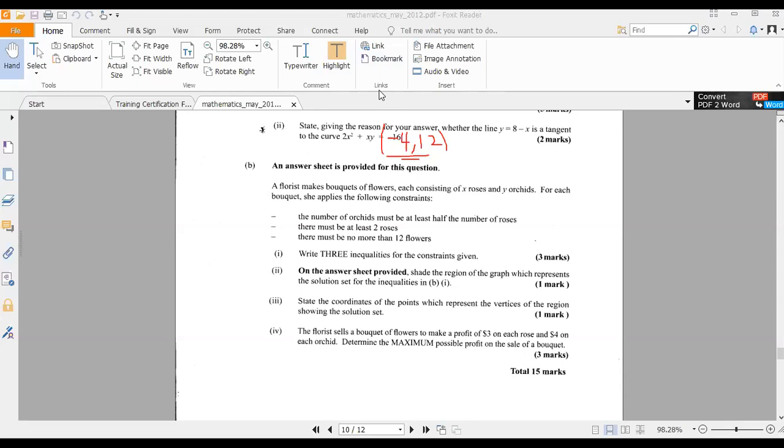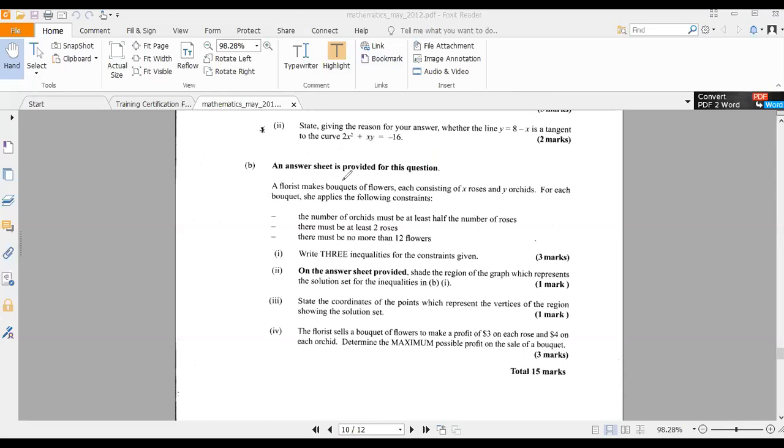Let's look at this here. I will look at the question here. Can somebody read this one for me, please? A florist makes bouquets of flowers, each consisting of x roses and y orchids. For each bouquet, she applies the following constraints.